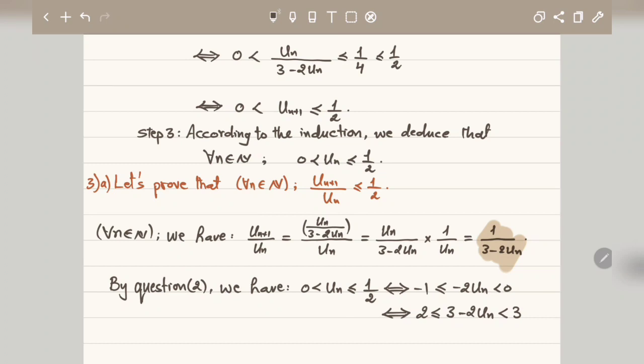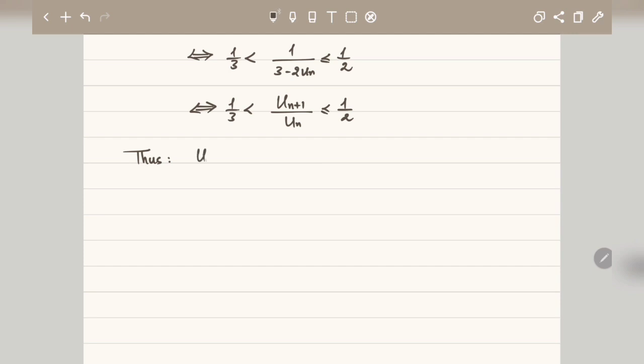After that, we switch the top and the denominator to get 1/3 smaller than 1 over 3 minus 2un, smaller than or equal to 1/2. We can rewrite it as 1/3 smaller than un+1 over un, smaller than or equal to 1/2. So we conclude that un+1 over un is smaller than or equal to 1/2 for every n belonging to N.